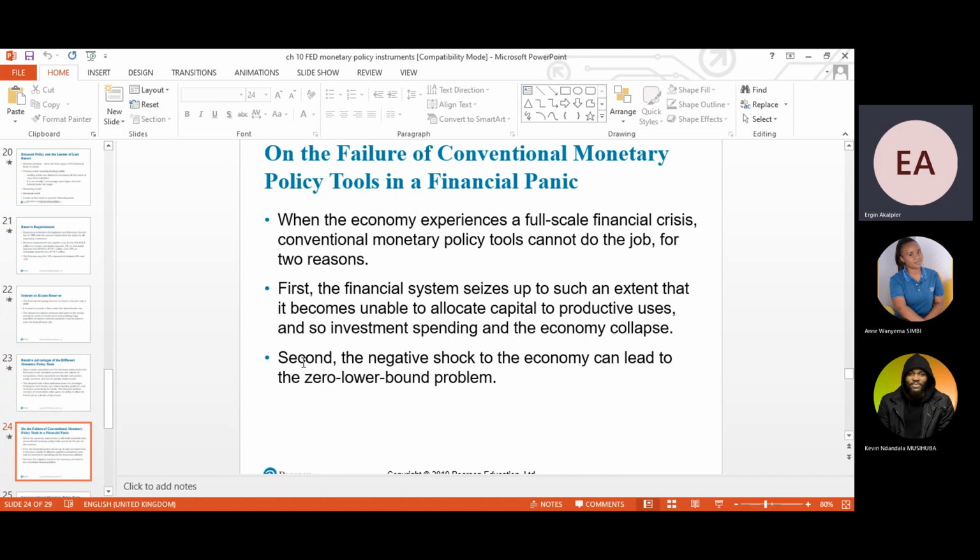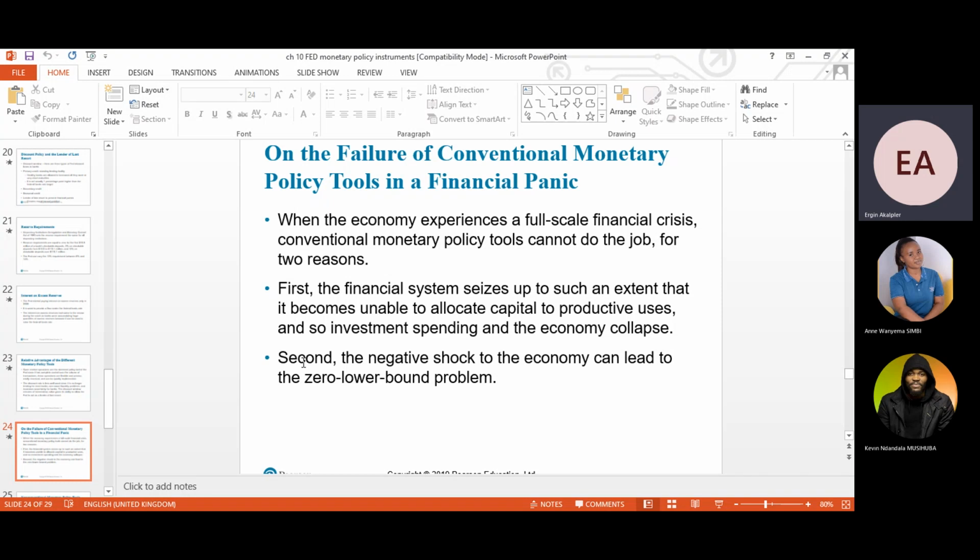On the failure of conventional monetary policy tools in a financial panic, when the economy experiences a full-scale financial crisis, as I mentioned to you, a bailout program is required. Conventional monetary policy tools cannot do the job for two reasons.